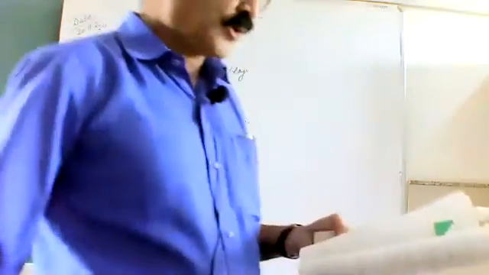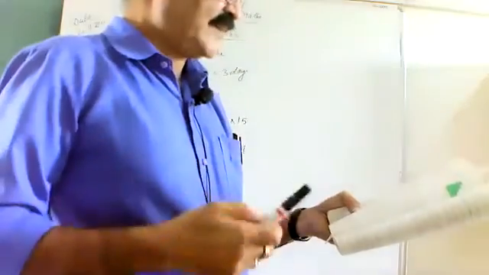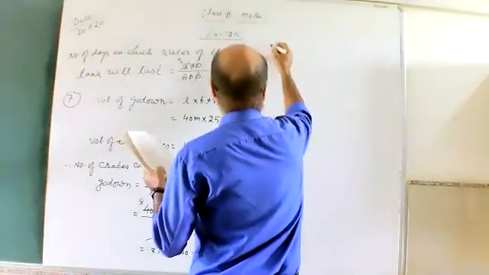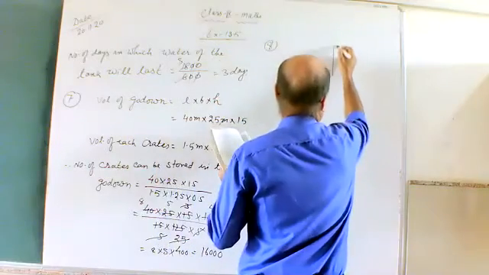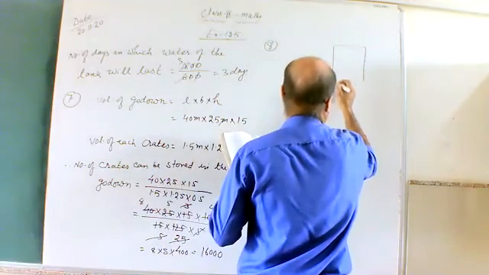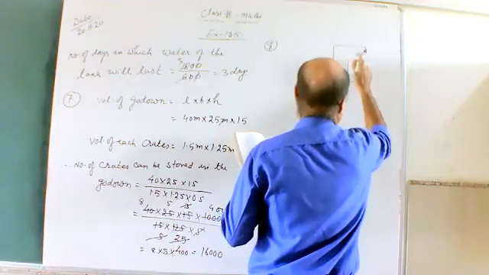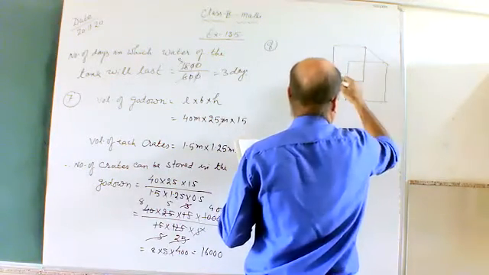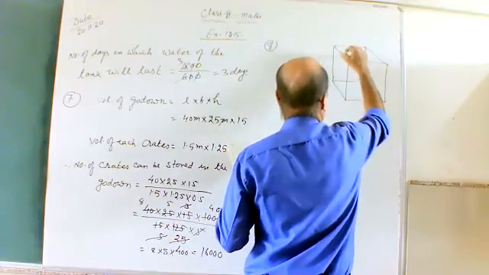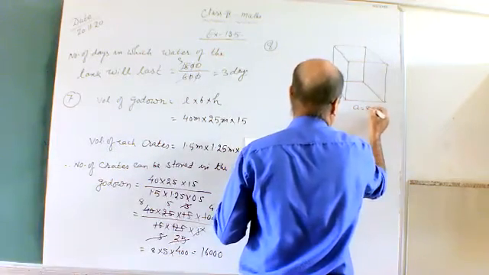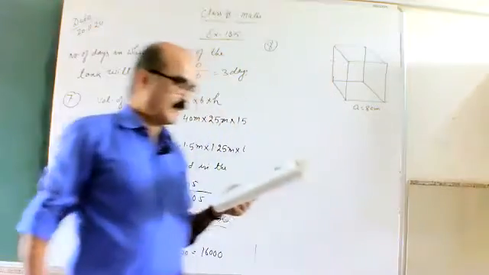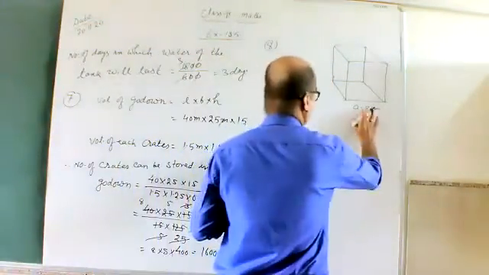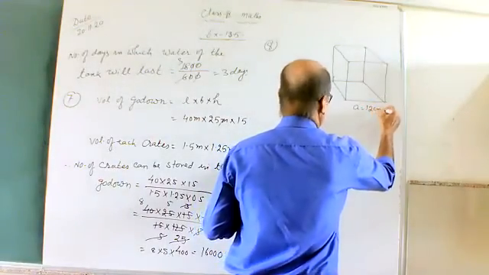So there are two cubes. One bigger cube is having the side 12 centimeter. This is the bigger cube. The length of its faces is 12 centimeter.